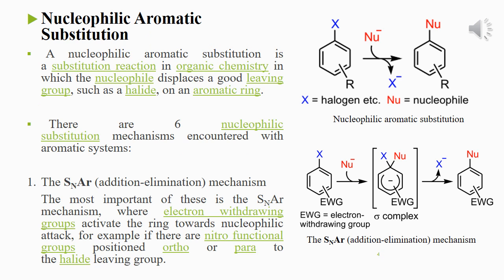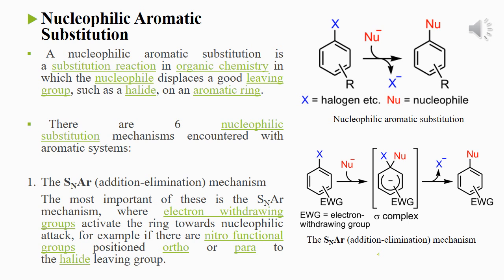Nucleophilic aromatic substitution. A nucleophilic aromatic substitution is a substitution reaction in organic chemistry in which the nucleophile displaces a good leaving group such as a halide on the aromatic ring. You can see the example on the right hand side.